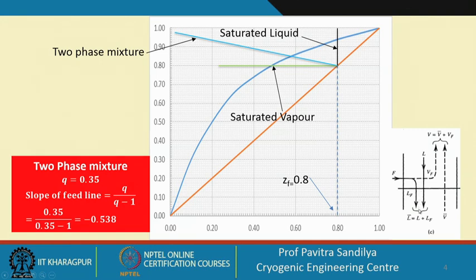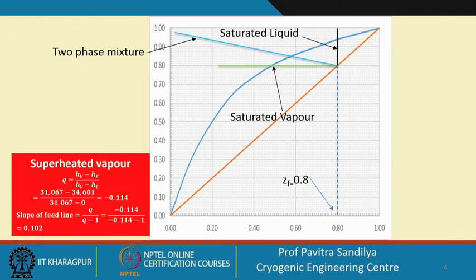So in this manner we find that the vapor flow rate in the enriching section is increased by the amount Vf which is coming from the feed, and that is how the vapor flow rate in the rectifying section is more than the vapor flow rate in the stripping section, whereas the liquid is flowing down, so that the liquid flow rate in the stripping section is more than the liquid flow rate in the rectifying section.